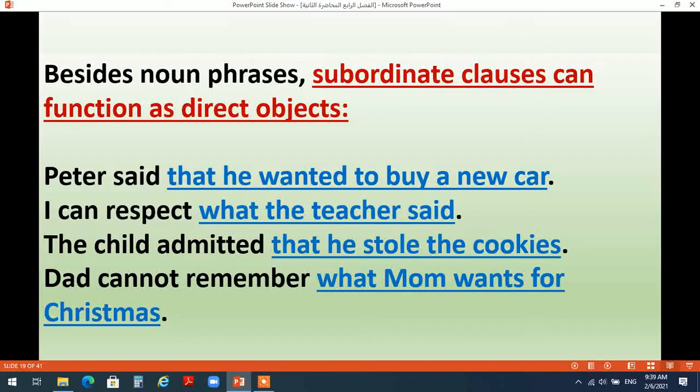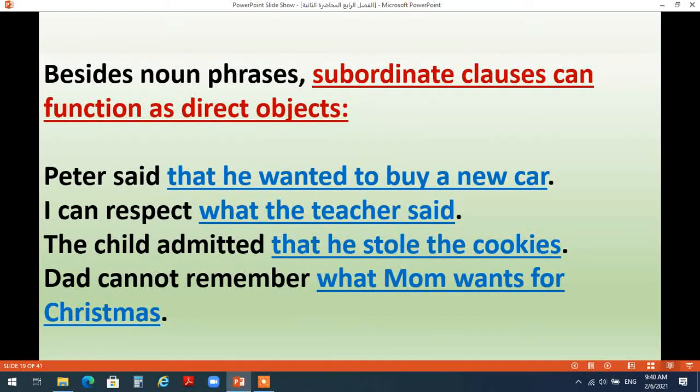Okay? Or we can say I can respect what the teacher said. Also in this sentence, what the teacher said will be the direct object, and its type is a subordinate clause. The child admitted that he stole the cookies. Also, that he stole the cookies will be the direct object of the sentence because it follows the verb.